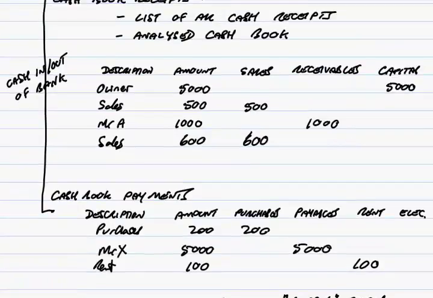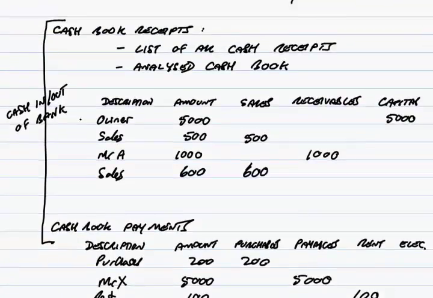in the cash receipts book, you'll have listed every individual receipt. I've got 4 there. In practice, there might be 4,000. We need debits, credits, and of course, the first one, the double entry, it was capital, so debit cash, credit capital.